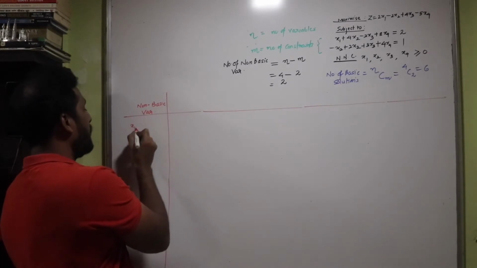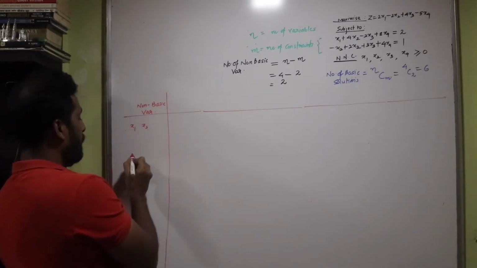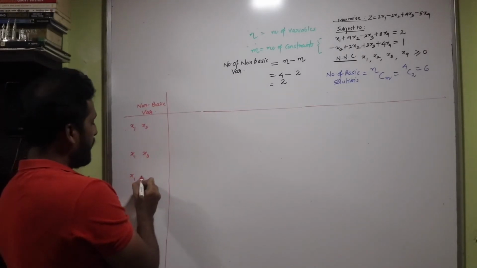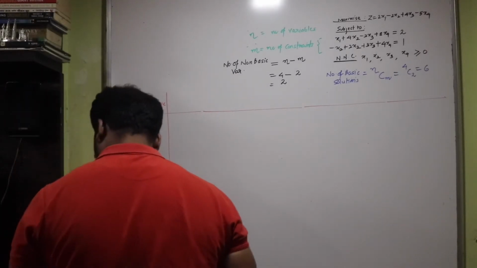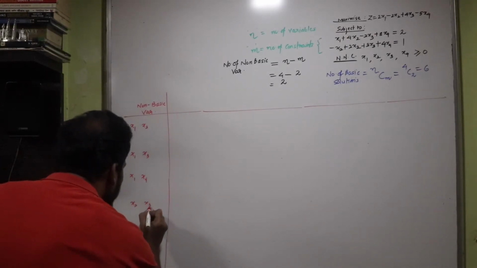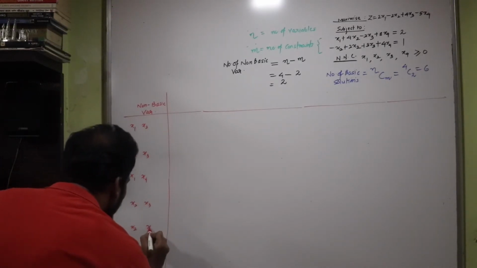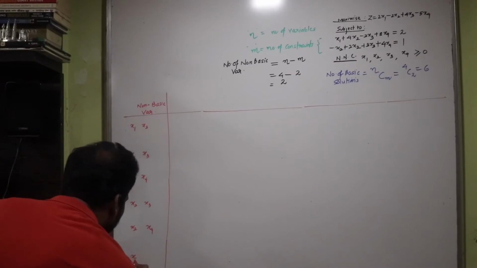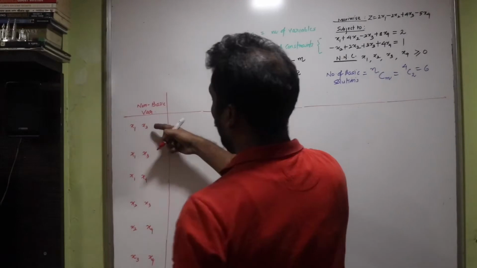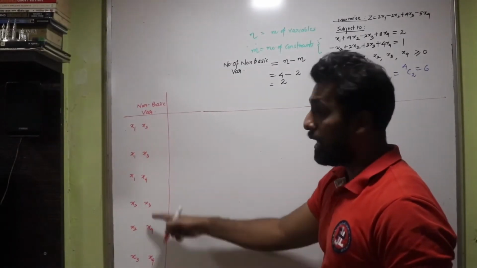I have taken x1 and x2, then x1 and x3, then x1 and x4, isn't it? Then x2 and x3, x2 and x4, and finally x3 and x4. So if you count 1, 2, 3, 4, 5 and 6, there are 6 solutions.